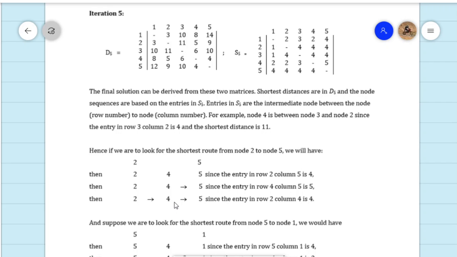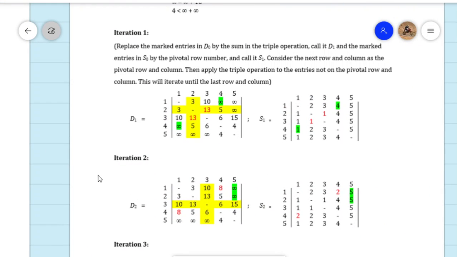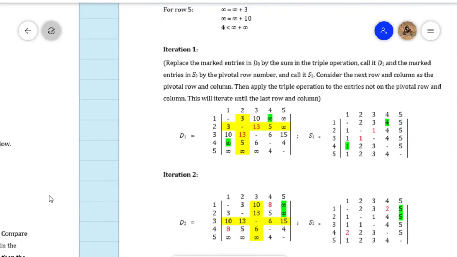Meaning, the shortest distance of 9 will be obtained if we follow the route. From 2 we go to 4, then from 4 we go to 5. Let us check that. 2, then 4, then 5. From 2 go to 4, then from 4 to 5, the total distance there is 9 indeed.